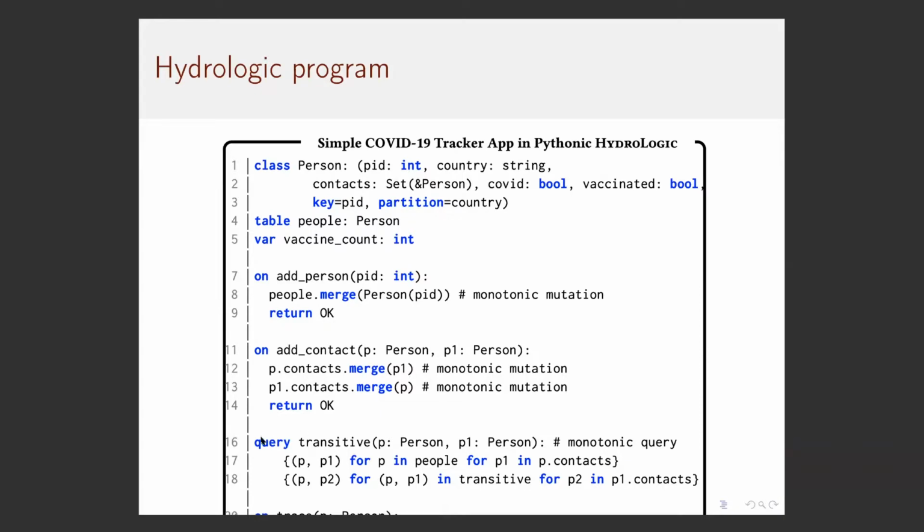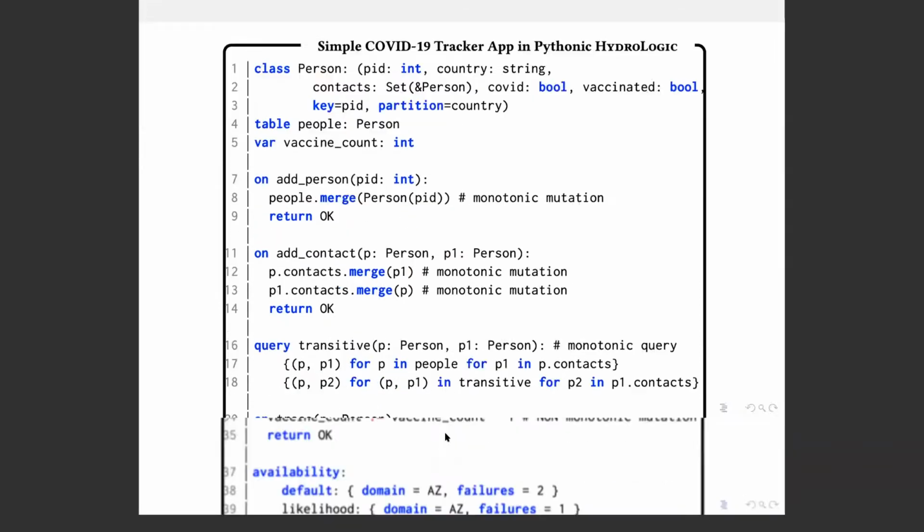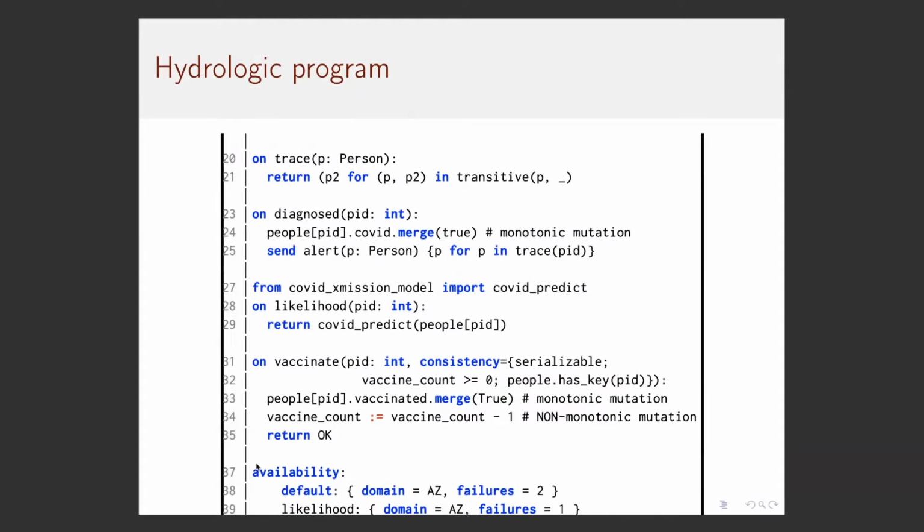And you can see there are concepts like queries, and you can see some of the facets like availability. And one thing that they mention in the paper is line 33. Even though this looks like it should be atomic, for example, people PID vaccinated, they say that since this is partitioned per PID, the operations would not affect the other people vaccinated operations, so it's possible to treat this as a monotonic mutation.